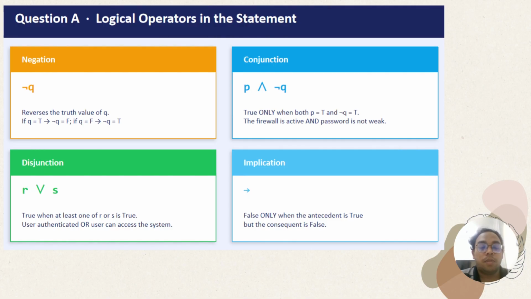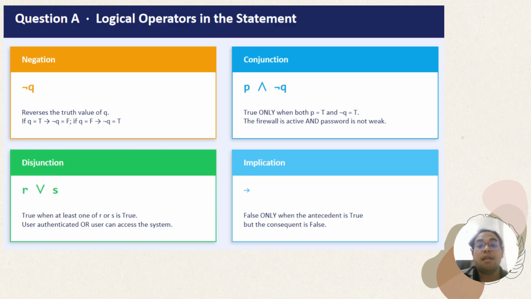Okay, for question A, we identify all logical operators present in the statement and explain what each one means. The first operator is negation. Seen in not Q, it reverses the truth value of Q. If Q is true, then not Q is false, and vice versa. The second is conjunction. In P and not Q, this is only true when both are true at the same time. Think of it as a logical AND. The third is disjunction.